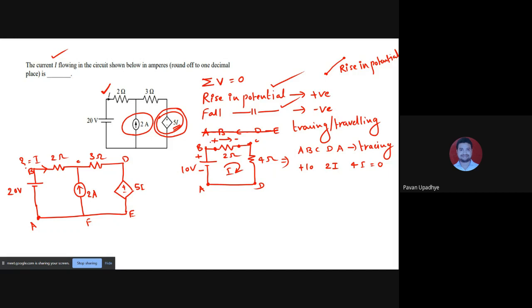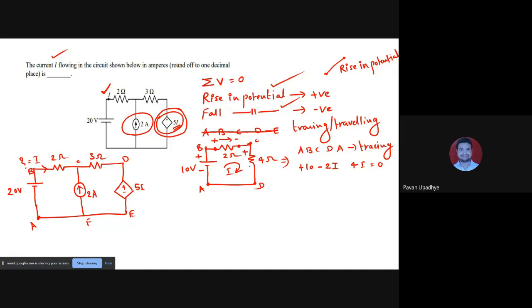Now look at this. You were traveling from B to C, so you were traveling from plus to minus. So you came across a fall in potential. That is why you are writing minus over here. Now look at the I. I is flowing in 4 ohm in the downward direction.